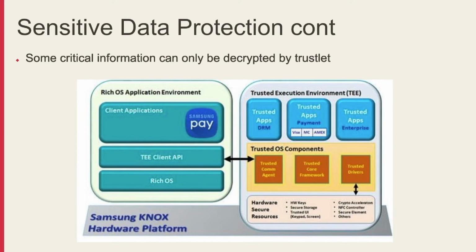Other than the storage encryption key, there is lots of critical information that can only be decrypted by a trustlet. Once the Knox bit is set, most of them will no longer work.